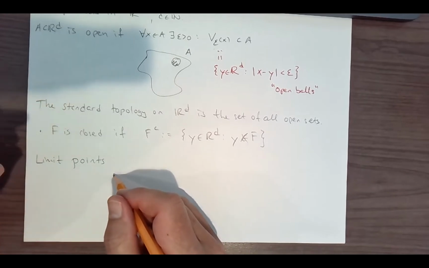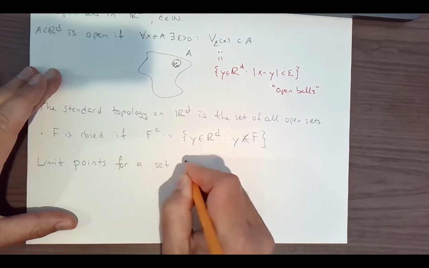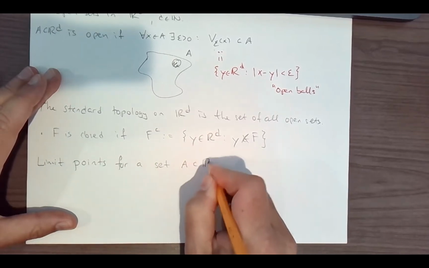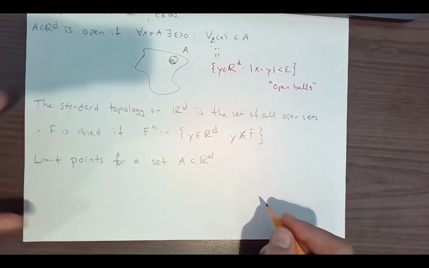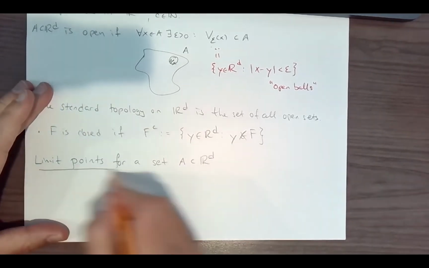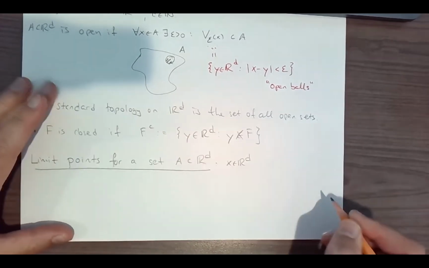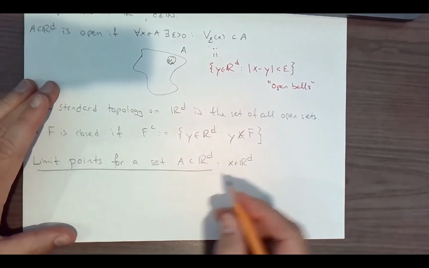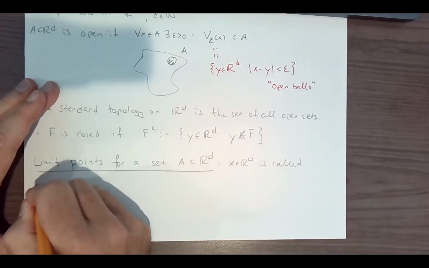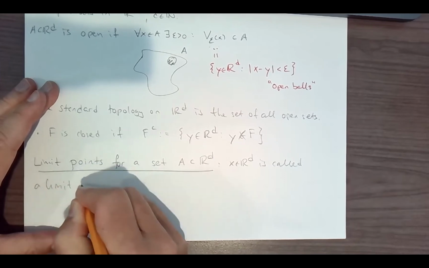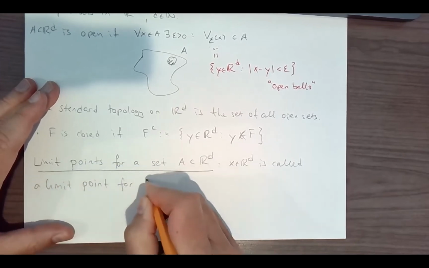Limit points for a set A. Again, the set A is always something in R^d in our course. X, again a point in R^d, may or may not be inside A. This is called a limit point for the set.